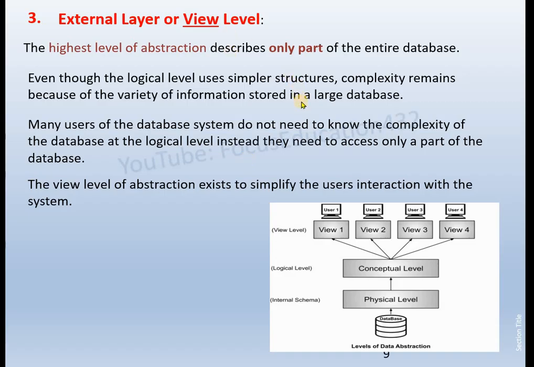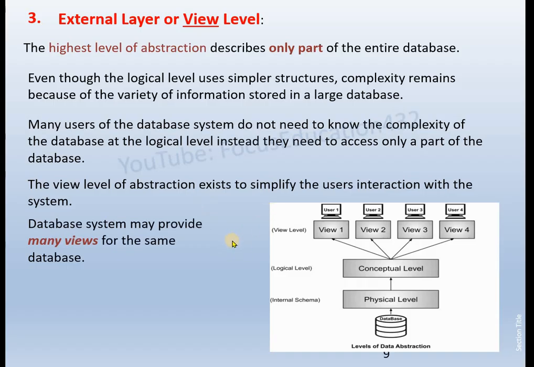So the database system hides all these things. Even a person who has no knowledge about computers or database management systems, how the software works, how tables or databases are created, can easily access their part of the data. The view level of abstraction exists to simplify users' interaction.